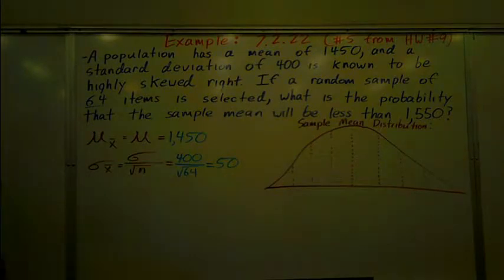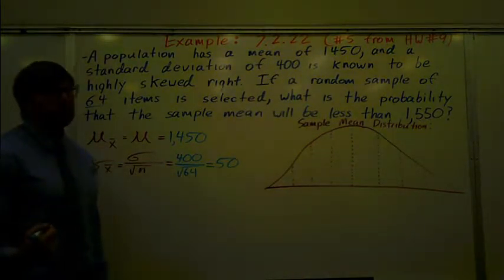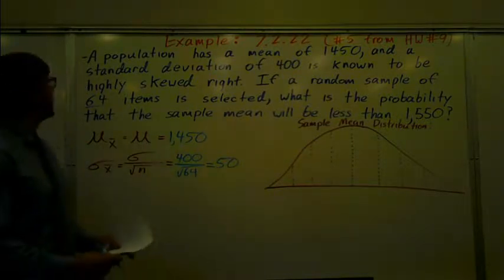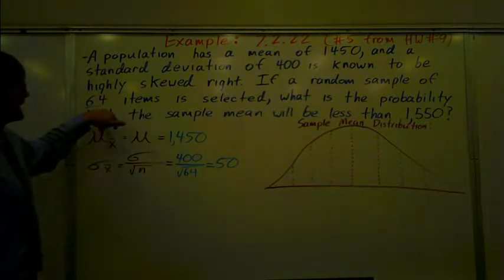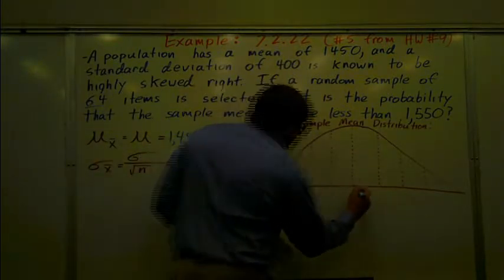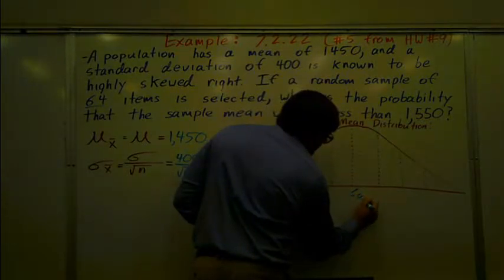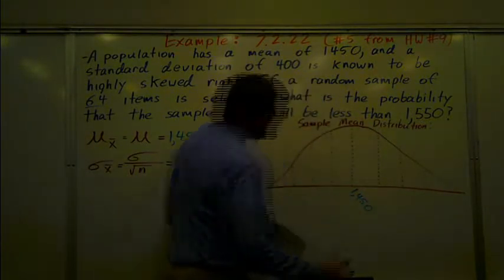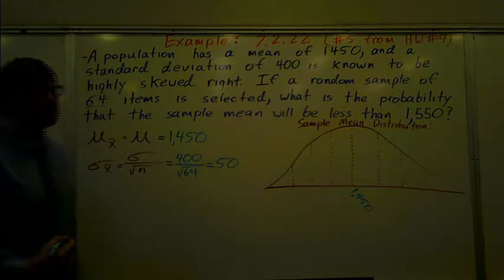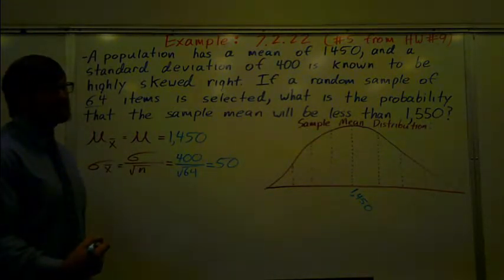Alright, so what I'm going to do now is go ahead and graph the distribution of sample means when samples of 64 are taken. So once again, the mean is 1,450, so I'm going to put 1,450 right here. Now, once again, this is the distribution of sample means when the sample size is 64.